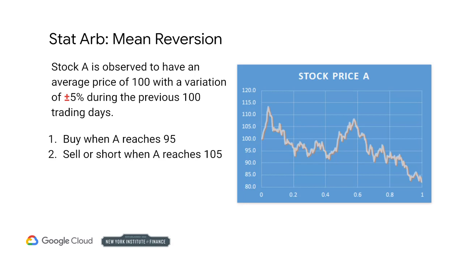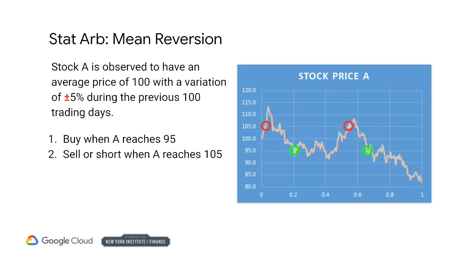This is an unusual assumption, as most stocks are assumed to have an upward price drift due to either profit growth or retaining earnings. The variation of the stock has been 5% over the previous 100 days, so you expect it to vary by the same amount in the future.